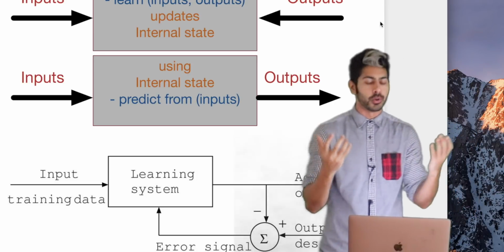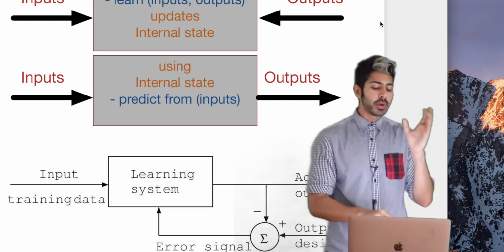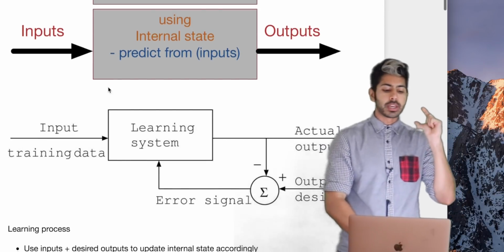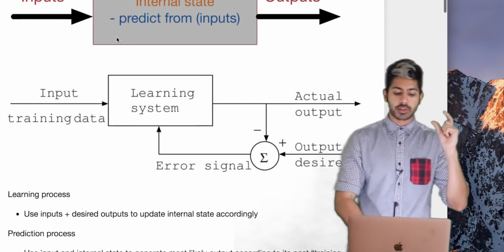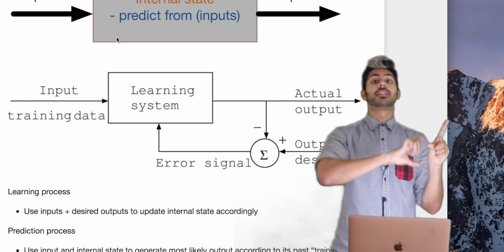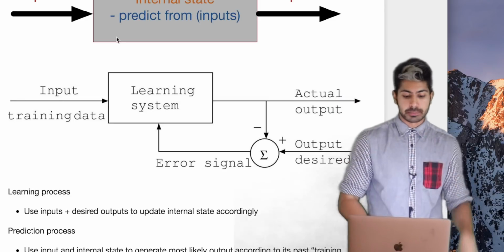We've got to have the labels. If you don't have the labels, you got to get the labels, right? And so if we have our labels, we can train our model. And so once we've trained it, then we can perform prediction. And the prediction process is using just the input and the internal state to generate the most likely output according to its past training experiences.